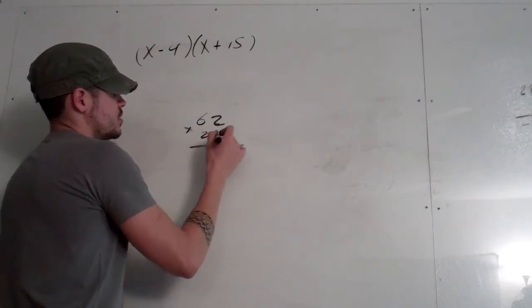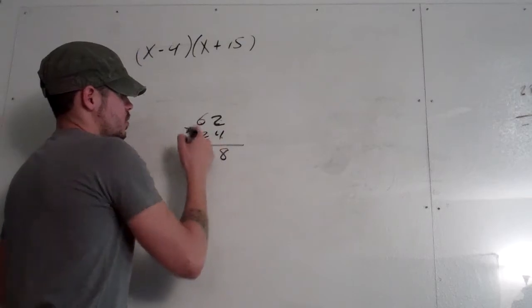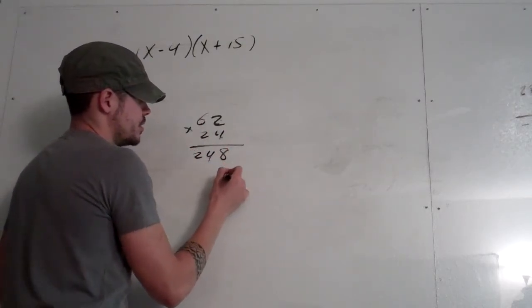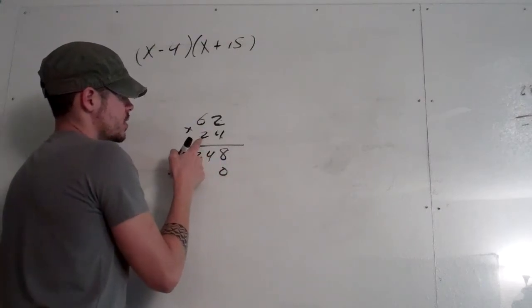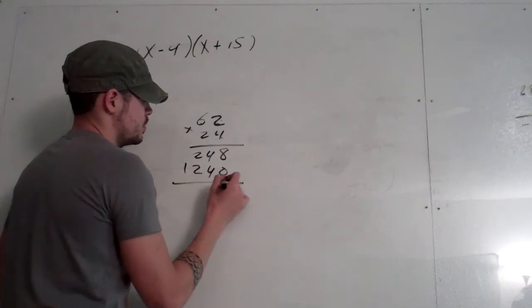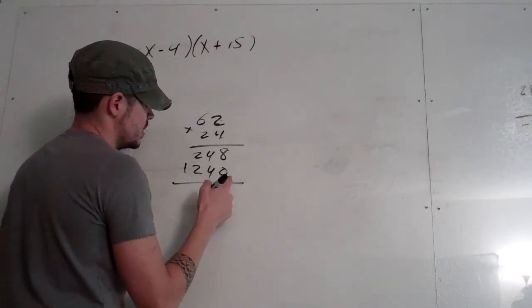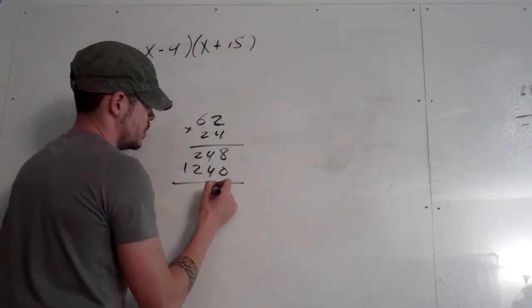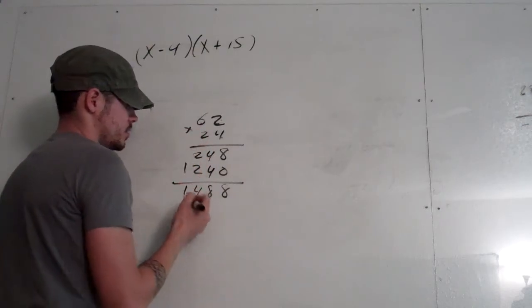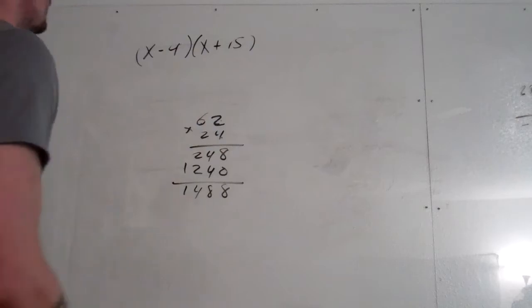And this times that is equal to 24, so 248, and then you add your zero term right here, and then you continue, this times that, which is equal to 4, and this times that, which is equal to 12, and then you add them together. 8 plus 0 is 8, 4 plus 4 is 8, 2 plus 2 is 4, and 1 plus 0 is just 1, right? This is what we're doing basically. This is what I'm going to do, but with this here.